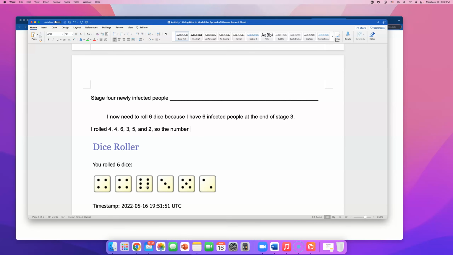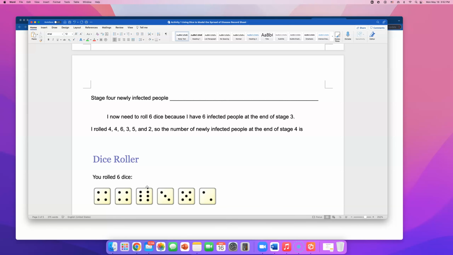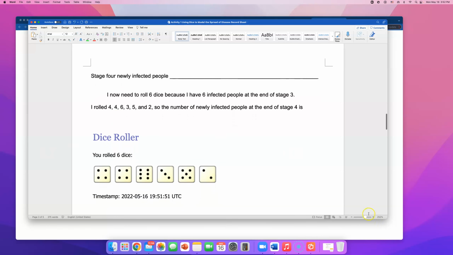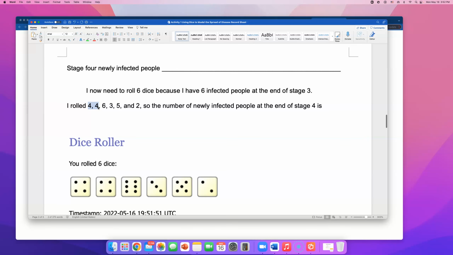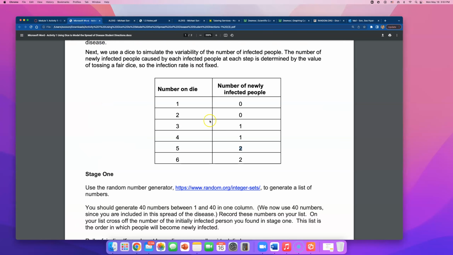So the number of newly infected people at the end of stage 4 is, now I gotta add up the numbers. Now, if I rolled 4, do you remember that means I'm adding 1 newly infected person? Remember that from this table right here? 4 means 1 newly infected person.